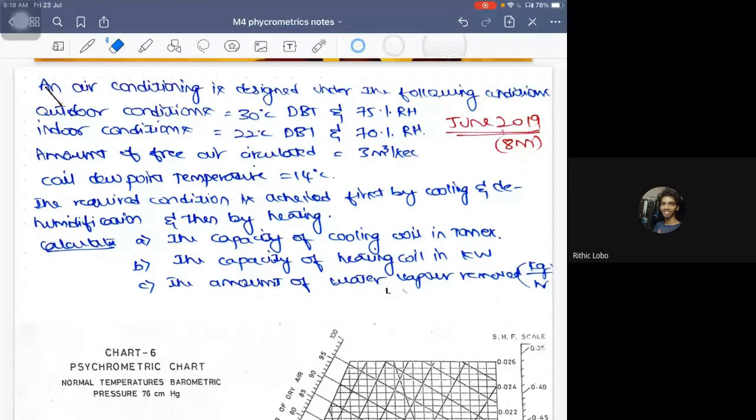Okay. So an air conditioning is designed for the following conditions, he says.